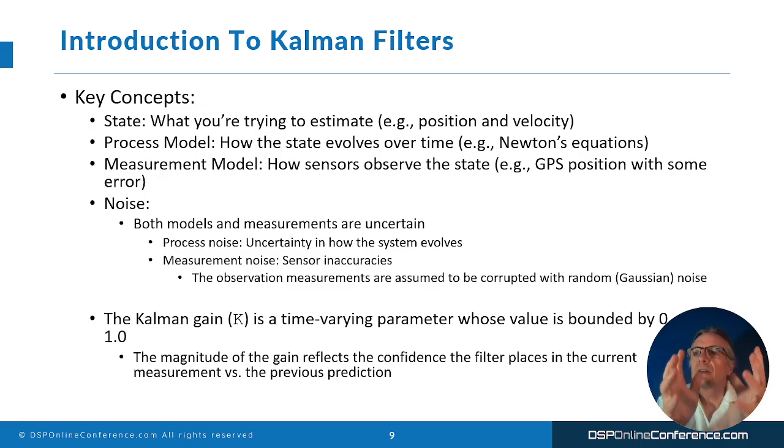So we use the noise level, the variance on the signals, as a measure of how good they are for estimating the current state of the system. And it's the Kalman gain that makes that call ultimately.